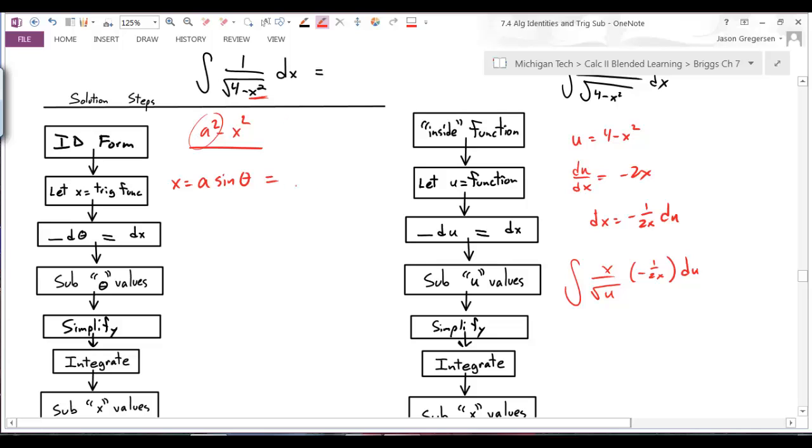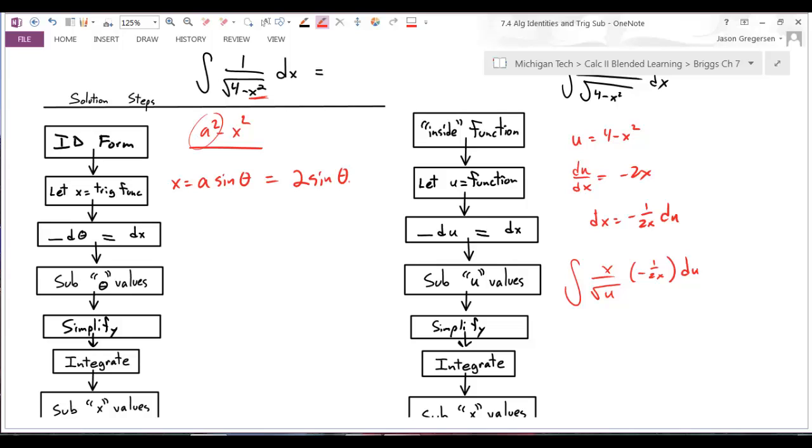So in this case, we have 2 sine of theta. So I've identified the form, whether it's a sine substitution or a tangent substitution, by relating it to that proper trig identity. Now I let x equal that thing. And the rest is just kind of process. The big step is getting that first substitution.